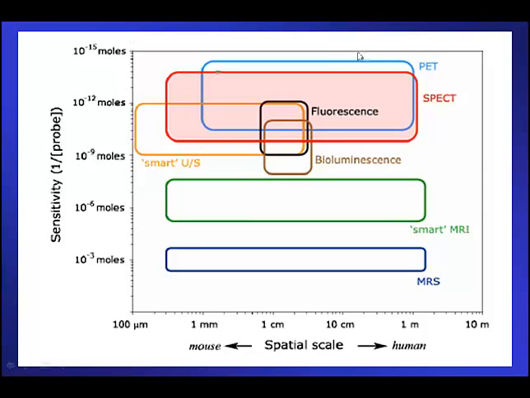Let us say for PET and SPECT, if you combine them with, for example, smart MRI, you can get the benefit of each one with its advantages. Like sensitivity, we can get PET in this range, along with MRS, which has the highest sensitivity.